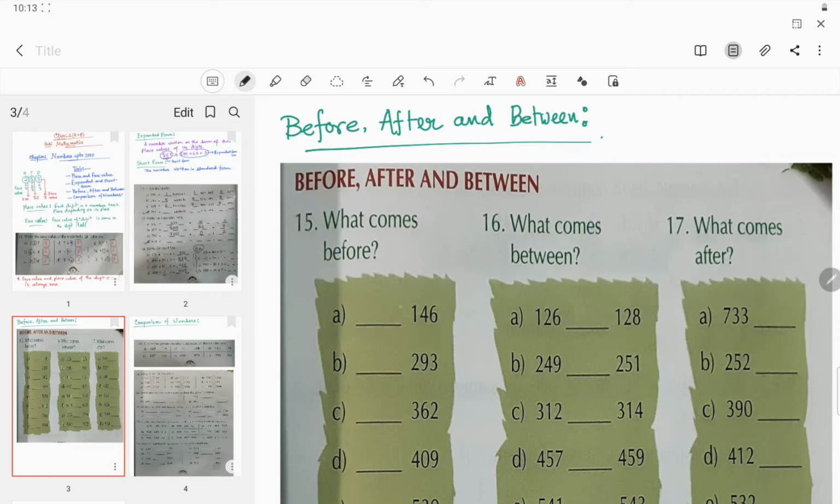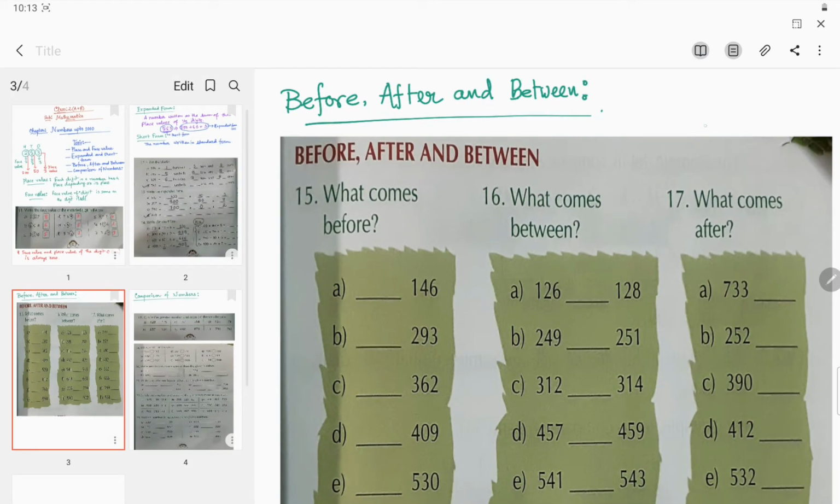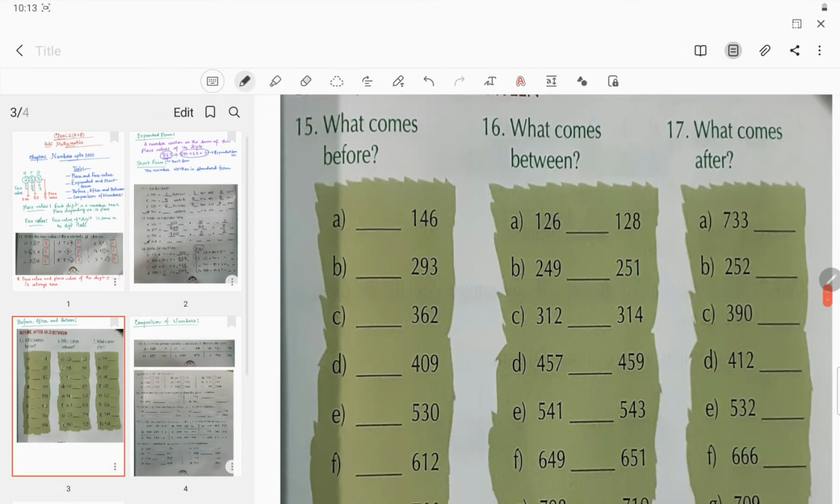Okay, here in question number A, it is given 146. The question is what comes before. That means it is asked what is the predecessor of 146, which number will come before 146. You know, 145. Similarly, question number B, it will be 292.